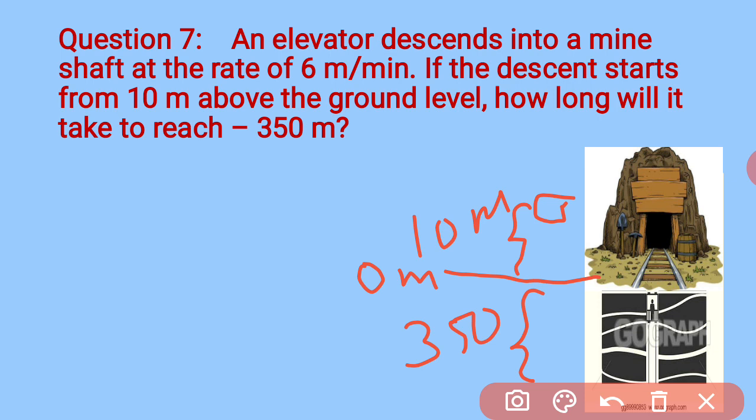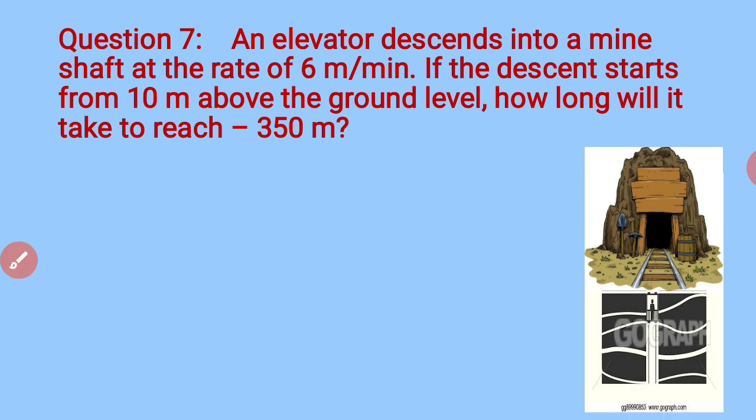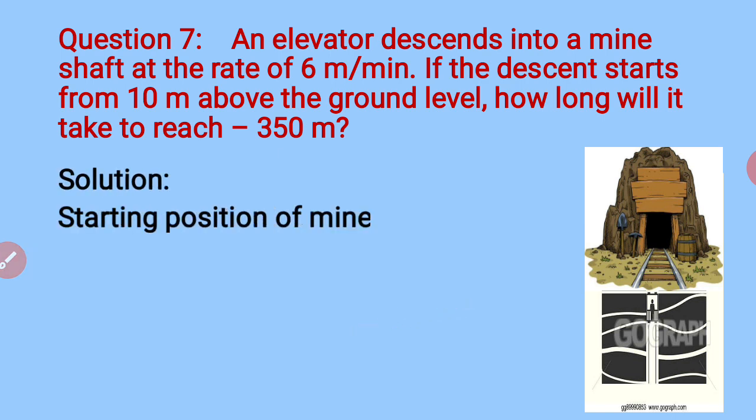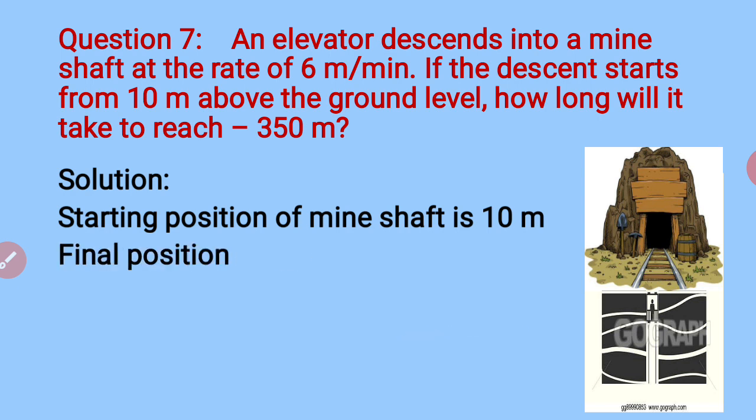Now let us find out the total distance travelled by the lift. So 10 meters above and 350 meters below makes it total 360 meters. So the lift has travelled 360 meters. With this, let us proceed. Starting position of the mine shaft is 10 meters.